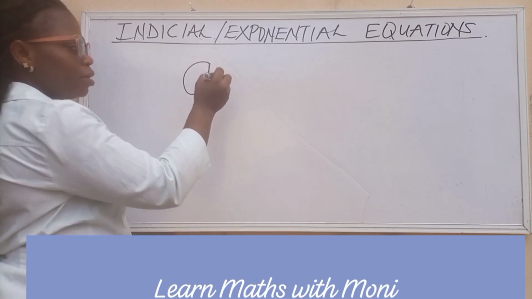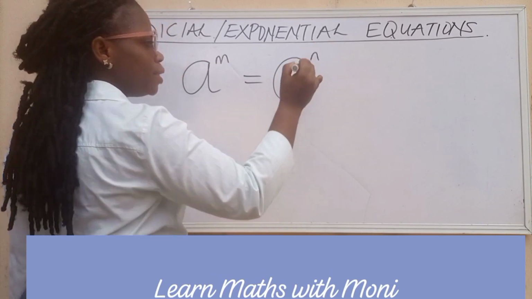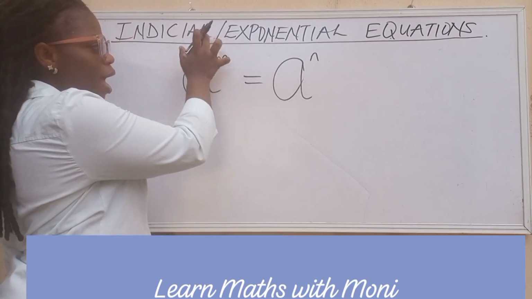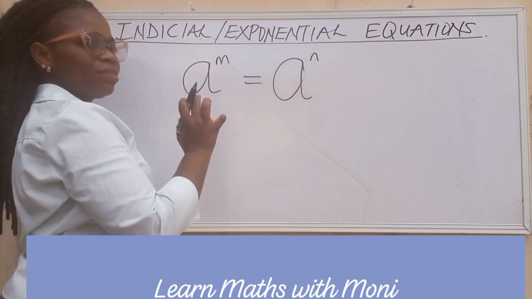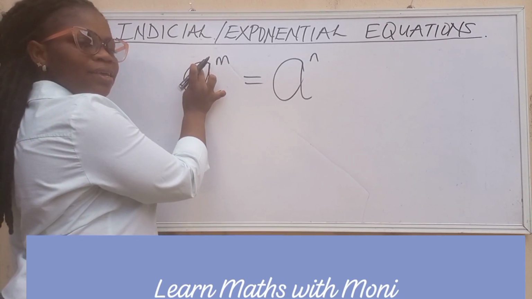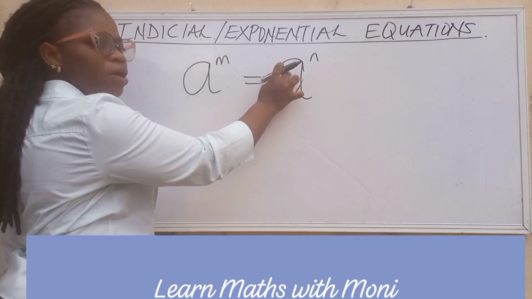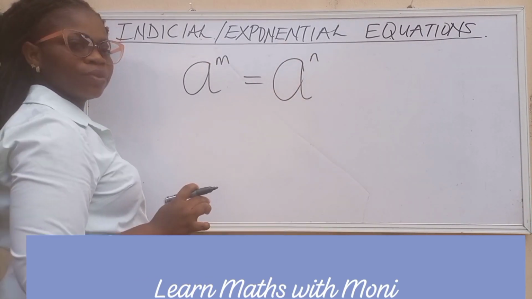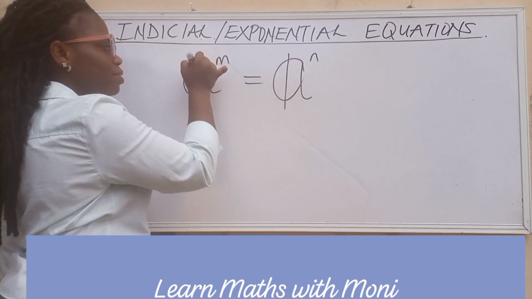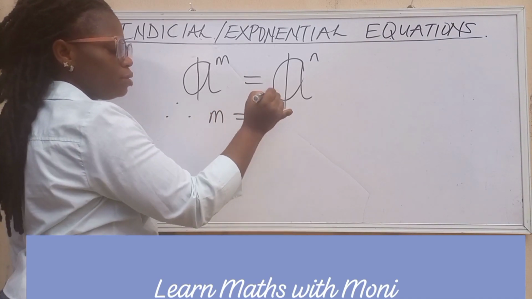If A is raised to power m and the same A is raised to power n, since the bases are equal and this is an equation, everything has been equated to everything here. So since A is the same thing as the A here, the bases are equal. When the bases are equal, then the powers are also equal. Therefore, m is equal to n.